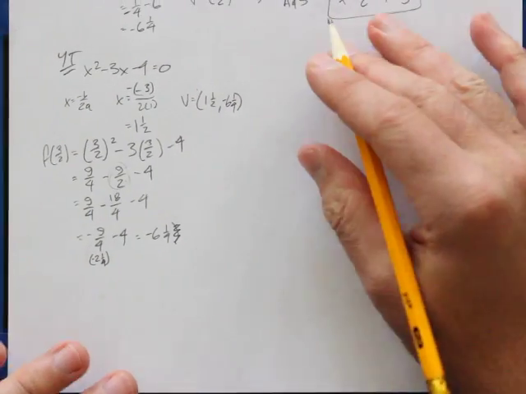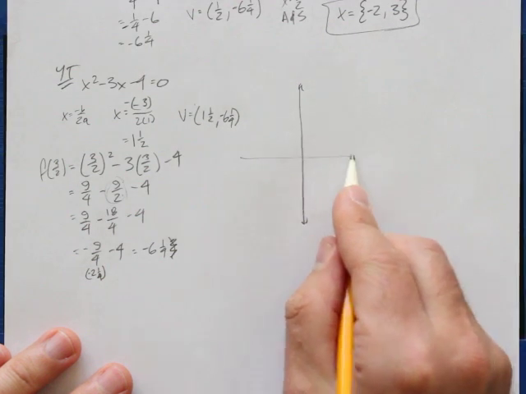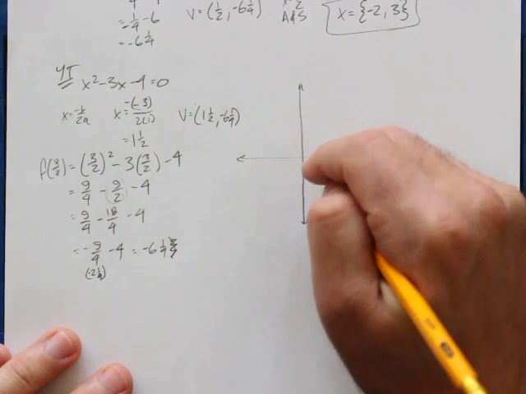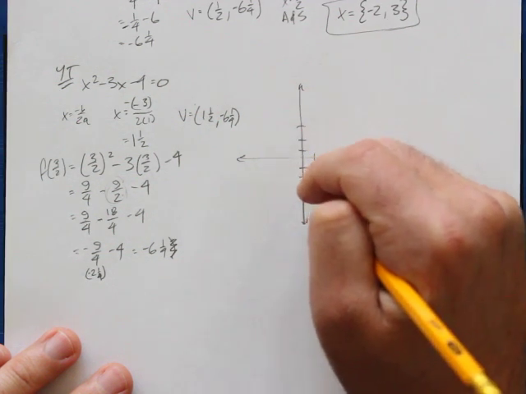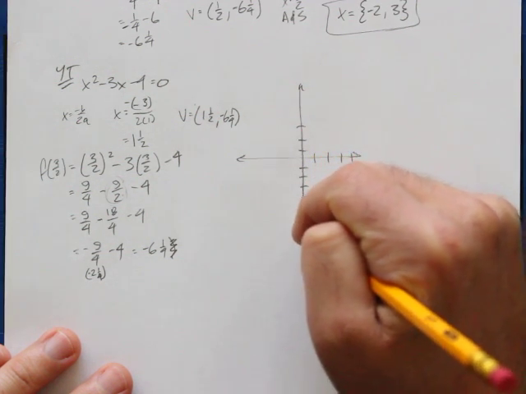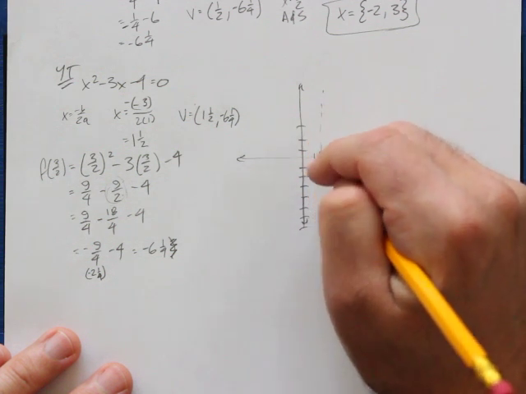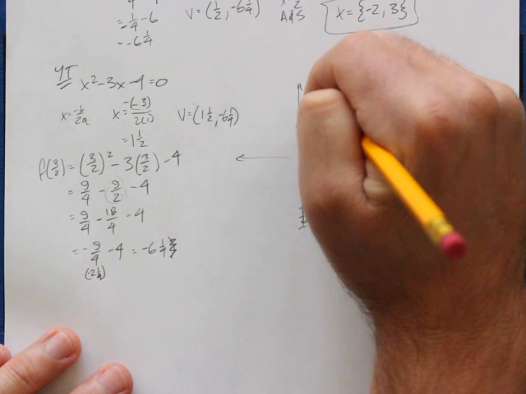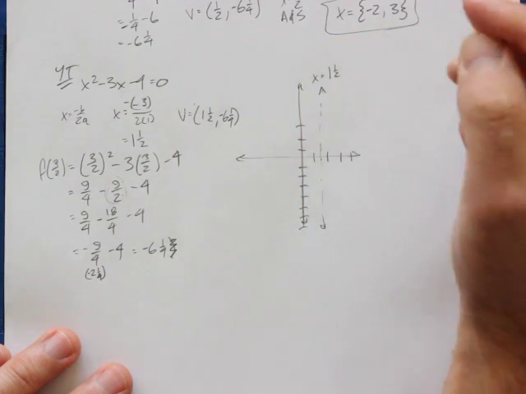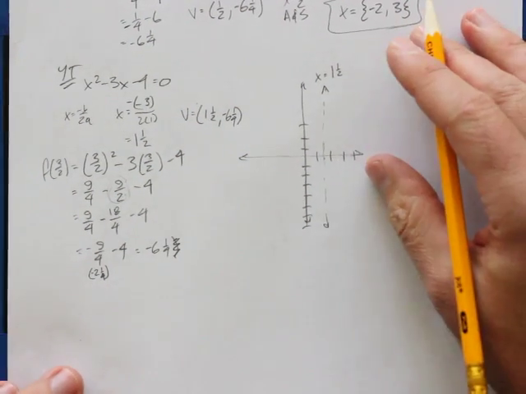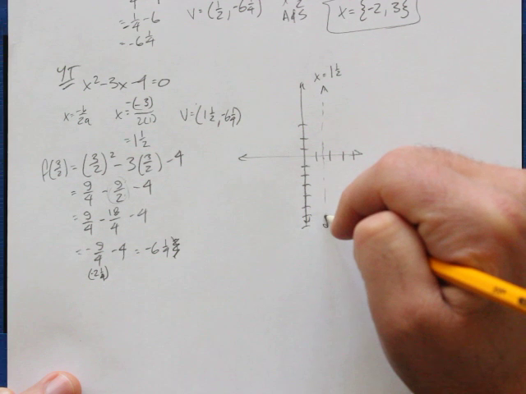And so if I were to graph this, let's see if I can do it fairly quickly here. So 1.5 is my axis of symmetry. x equals 1.5 is my axis of symmetry. And then I go down 1, 2, 3, 4, 5, 6.25.